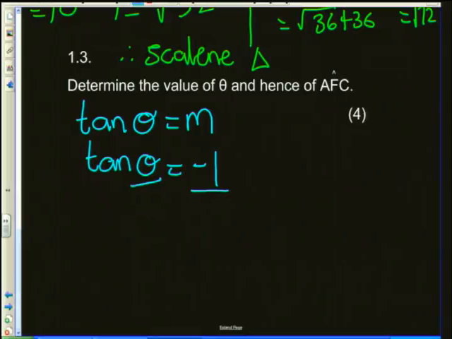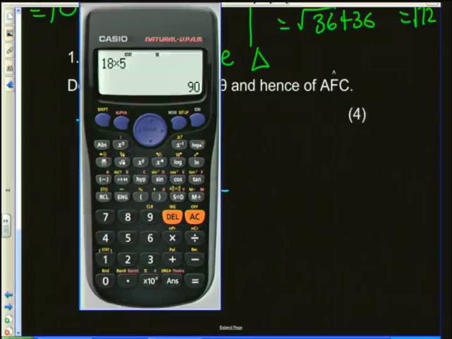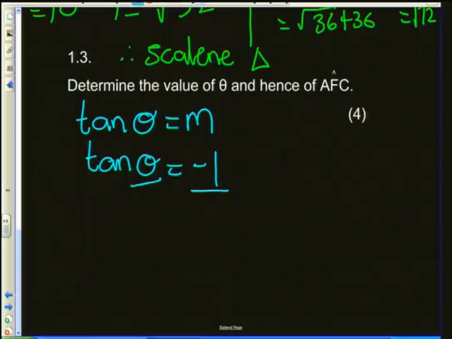And how do we do that again? We go to our calculators, and we're going to go shift tan and -1 in our bracket, and it gives us a value of -45. Let's check if that's right.